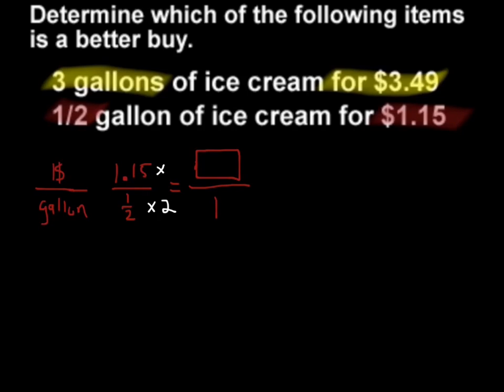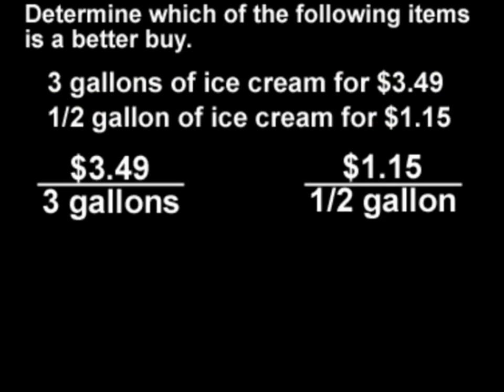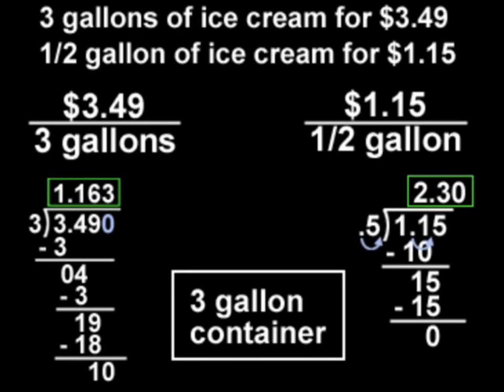So multiply this by 2, and I should have the unit rate. And then I'm not going to tell you to do the 3 gallons one. I'll pause here though. You could have divided both if you wanted to. And here are your answers. The 3-gallon container is cheaper by a lot.